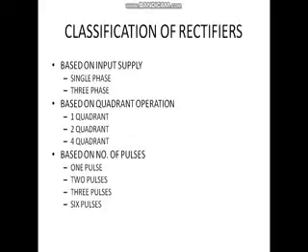In first quadrant operation, the voltage and current are positive. Based on number of pulses, it is classified into 1 pulse, 2 pulse, 3 pulse and 6 pulse converters. Pulse operation means for each cycle how many pulses are given to operate the semiconducting device.